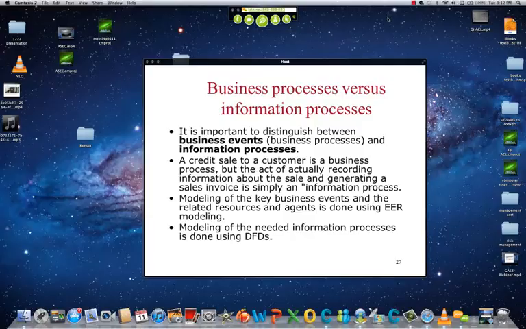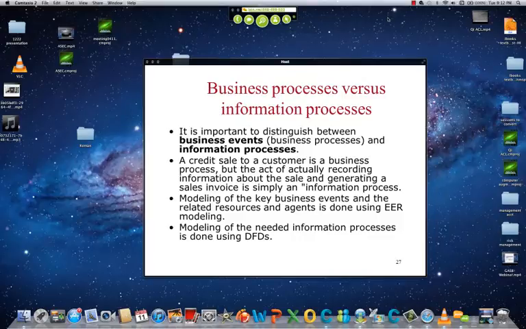This sale happened not due to the system recording it, but due to the business event of a sale. New information was created, and then the information system records it. So business processes, or business events, create information, and information processes, or information events, do not. This is the distinction between them.